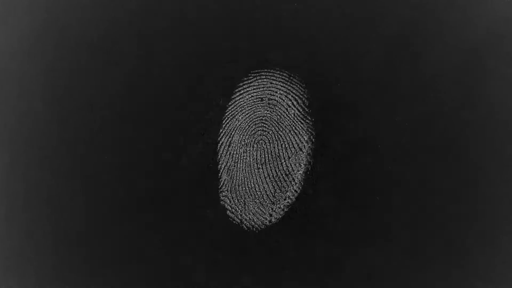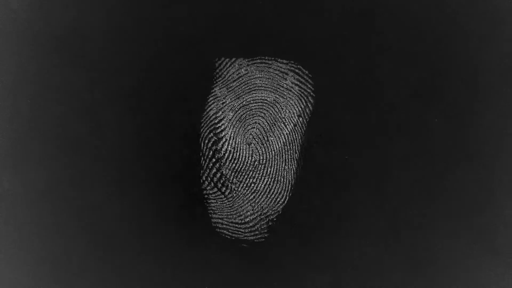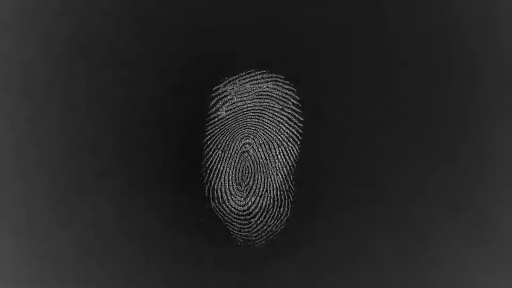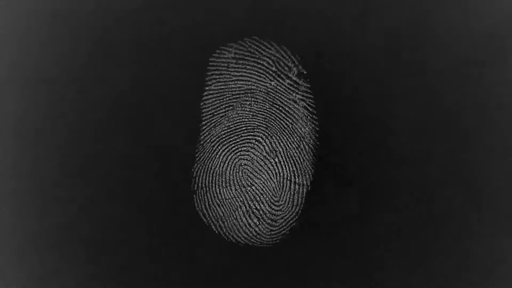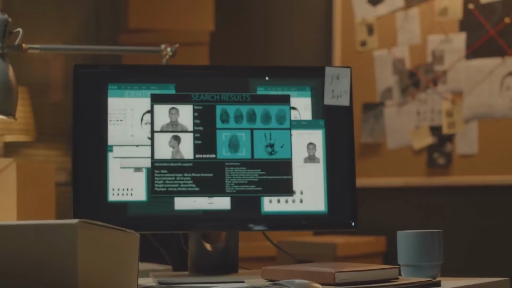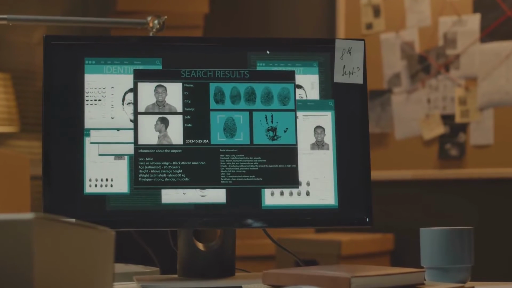Fingerprint examiners compare the patterns of a collected fingerprint with known fingerprints to determine if there is a match. They look for similarities in the overall pattern and the specific minutiae points. If there's a match, it can be used to identify the individual associated with the fingerprint.